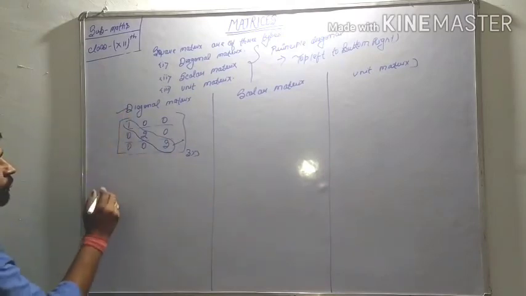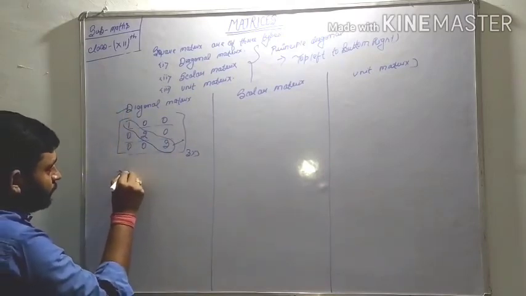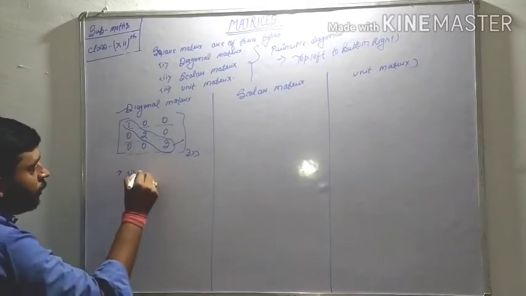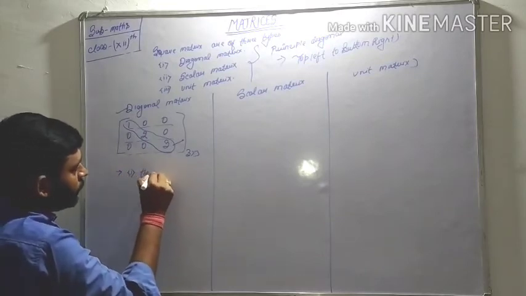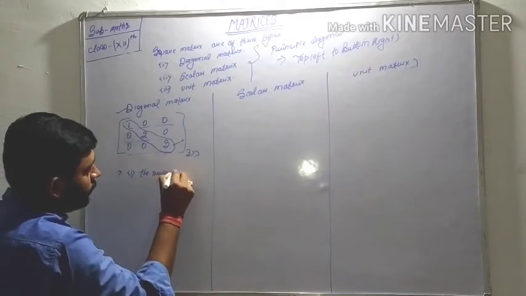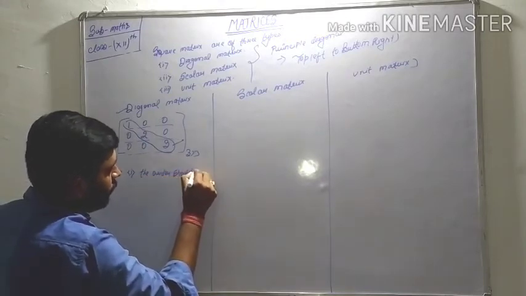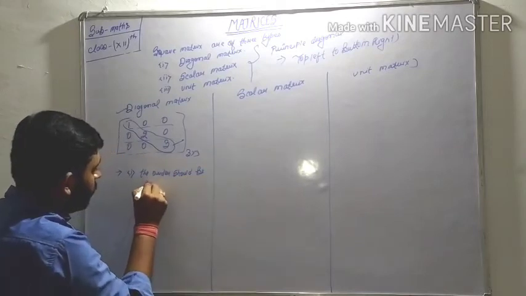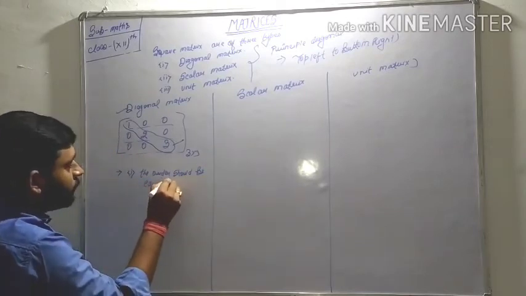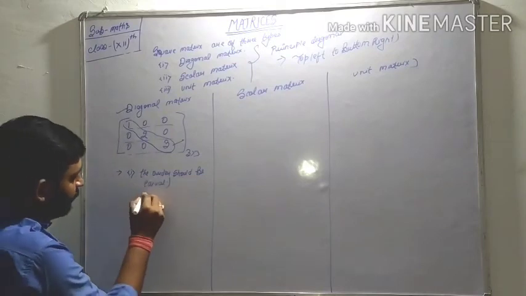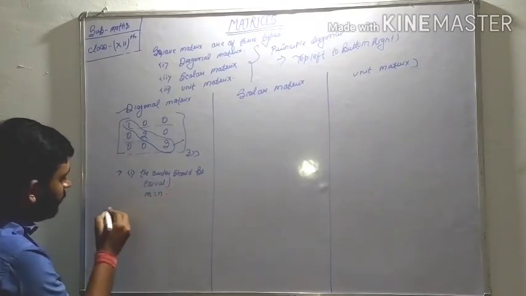Now, a diagonal matrix follows only 2 conditions. The order should be equal, that means m is equal to n.